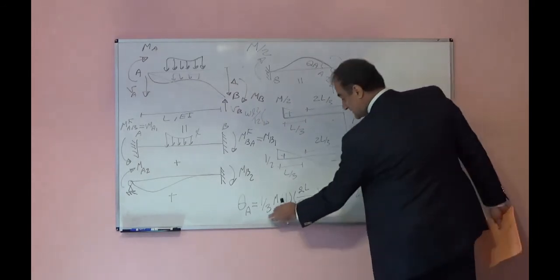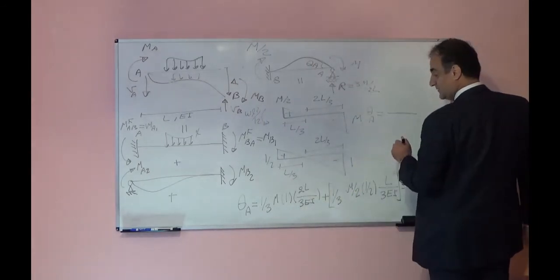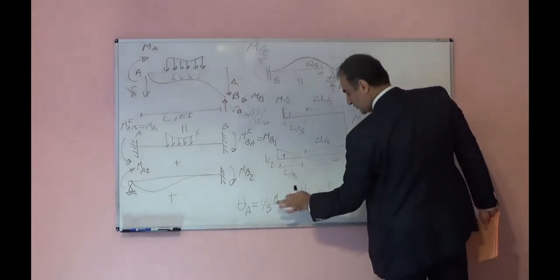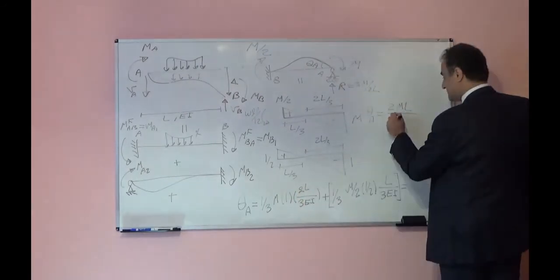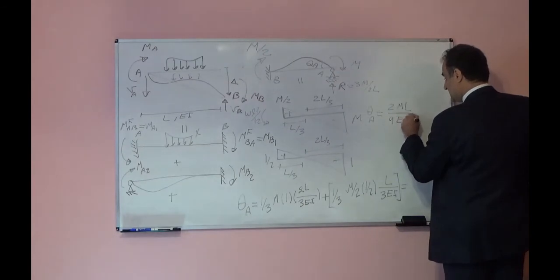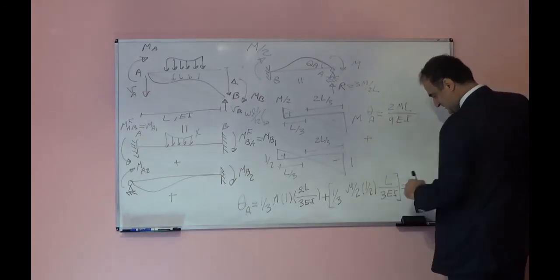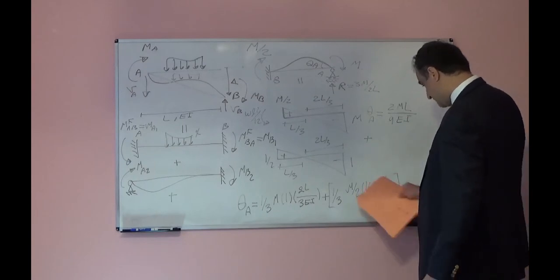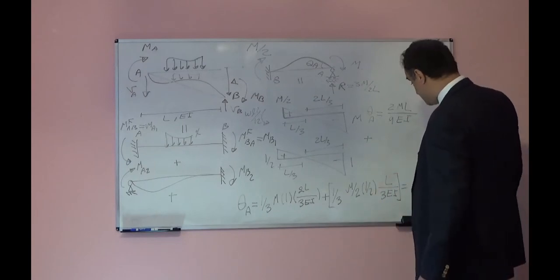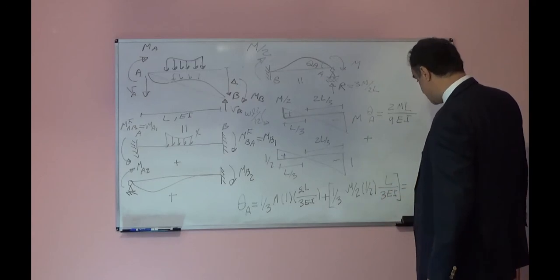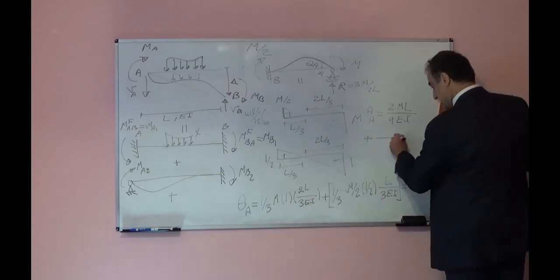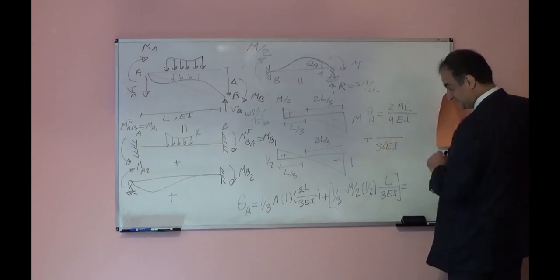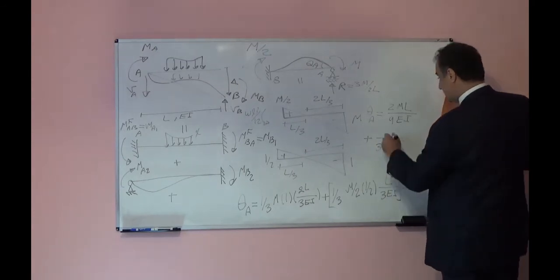So 3 times 3 will be 9, so it will be 2ML over 3 times 3, 9 EI, plus, let's look at here, 2 by 2 will be 4, 4 times 3 will be 12, 12 times 3 it will be 36, so it will be ML over 36 EI.